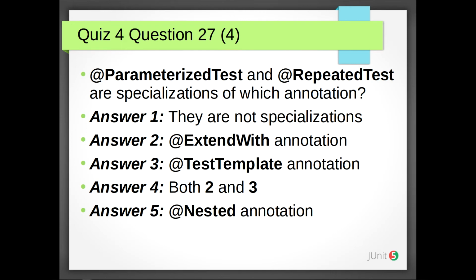And of course, @ParameterizedTest and @RepeatedTest use the @ExtendWith annotation and the @TestTemplate annotation. @ParameterizedTest does so explicitly, whereas @RepeatedTest does so implicitly. You won't find those annotations anywhere applied to @RepeatedTest, but it works exactly as if it had those annotations.